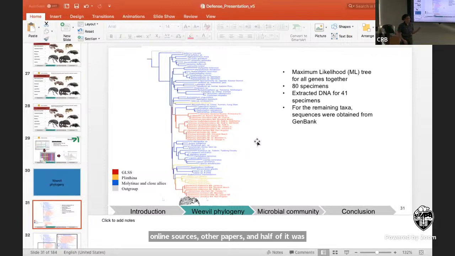I will say that there were a lot more weevils than are on the tree that I did sequence myself that just didn't make it into the final cut. Me and the other lab members did all the work to extract the DNA and do the PCR and send it off for sequencing, and it didn't work. There were at least 2 genes that we tried multiple times to get sequence data from, and it was not working.